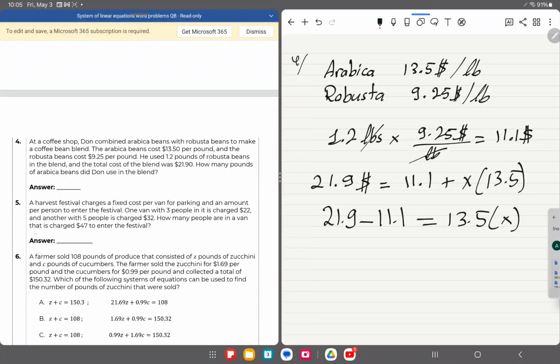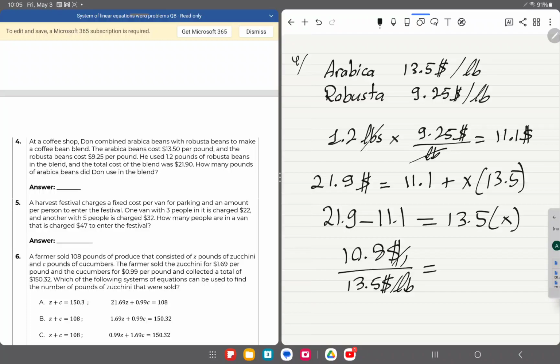21.9 minus 11.1 divided by 13.5, I would get x equal to 0.8 pounds. Now, how did we get the pounds at the end? I got $10.8 over $13.5 per pound.